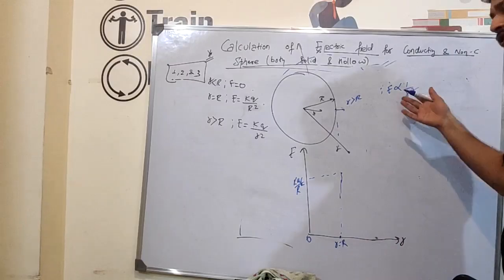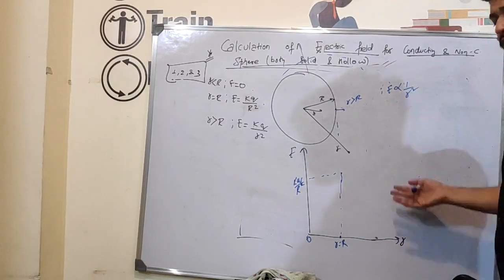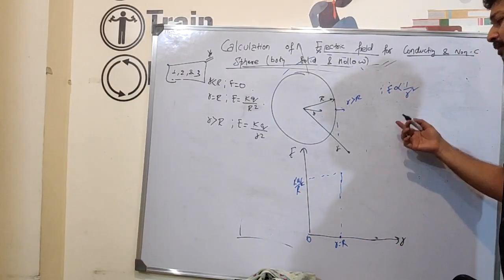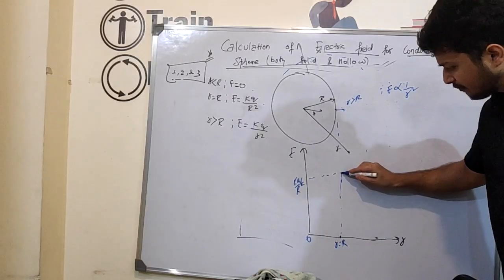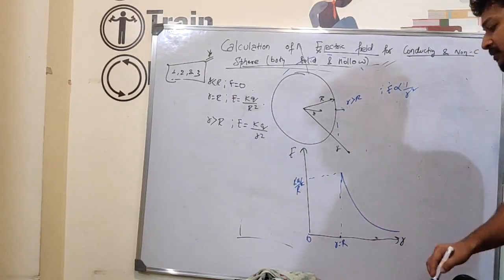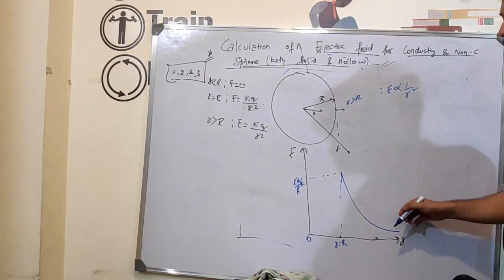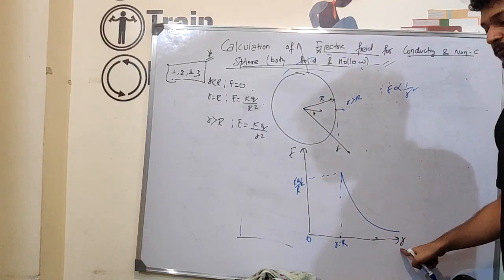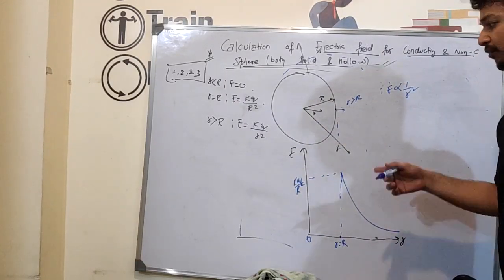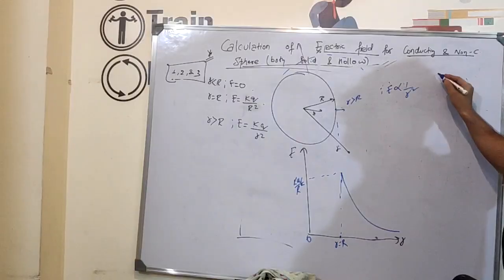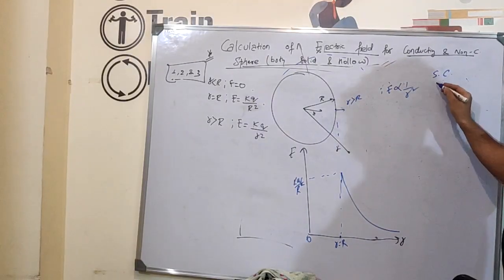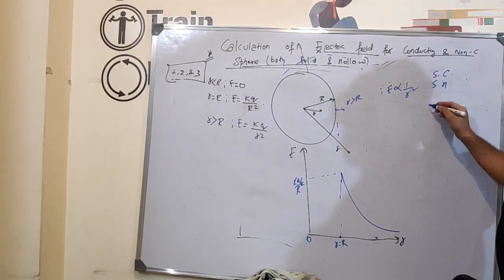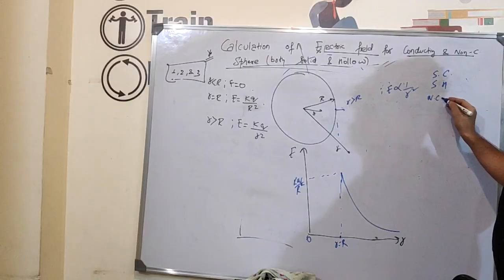That means the value of electric field will be inversely proportional to the square of r, and we know the graph of 1 by r square will go like this. So this is going to be the variation of electric field with respect to distance for all the three: solid conducting, hollow conducting, and hollow non-conducting.